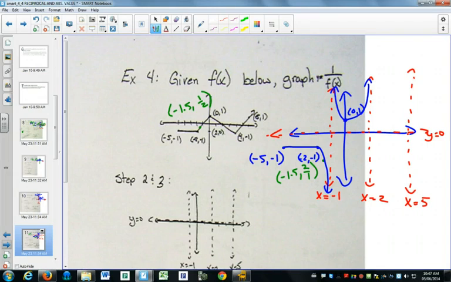But maybe you could also see here is another place where I have a half, so it would become 2. Here is another place that's a half, so when you do the reciprocal, it would become 2. And that helps you see that it has to go up in that section. 4, negative 1, that won't change.